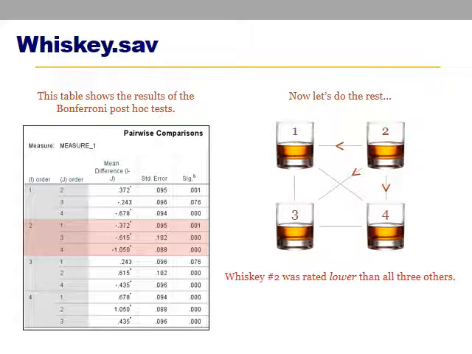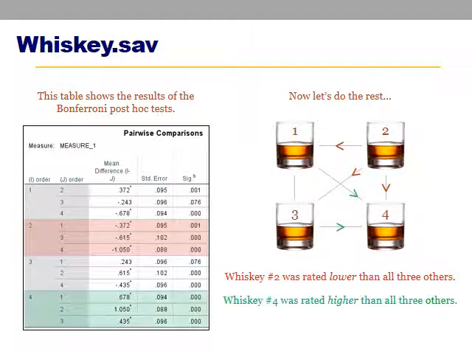What that tells us is whiskey 2 was rated as less delicious than whiskeys 1, 3, and 4. In other words, out of the 4 whiskeys, whichever whiskey people tasted second was consistently their least favorite.